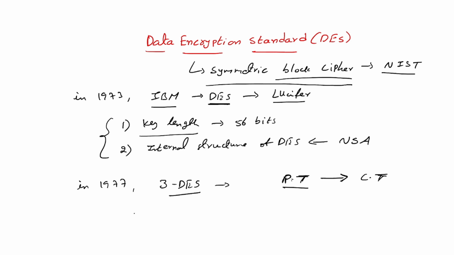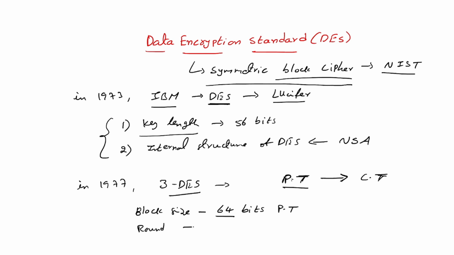So it is a block cipher. What is the block size of DES? Block size is 64 bits. Plain text will be divided into blocks, and each block contains 64 bits. Next thing, rounds.